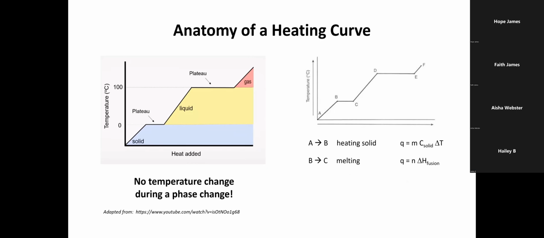Now remember that delta H is always energy per mole, so it depends on how many moles we have. So that's what that N is there. N is our little symbol for moles. So the heat in this particular process depends on how many moles of the material we're talking about here, times delta H for the fusion. Again, remember the heat of fusion is the enthalpy change for melting or freezing, and if we're going in the other direction, melting.